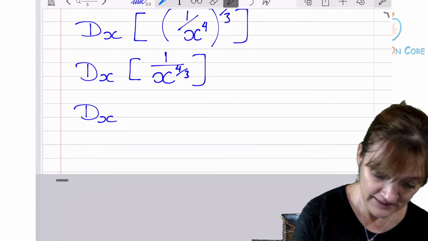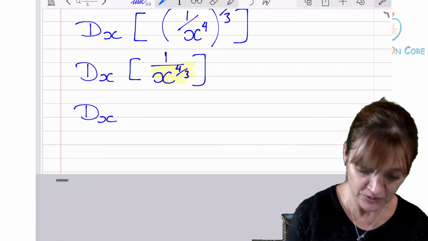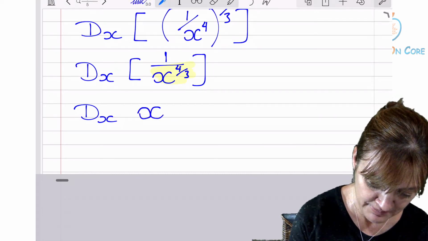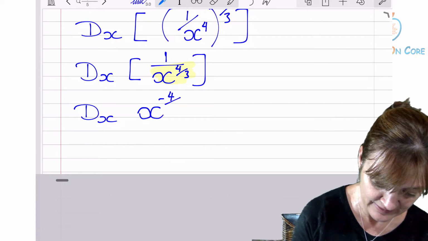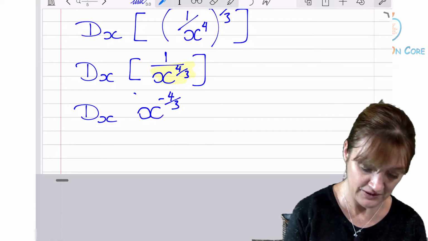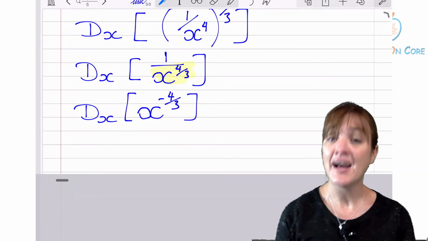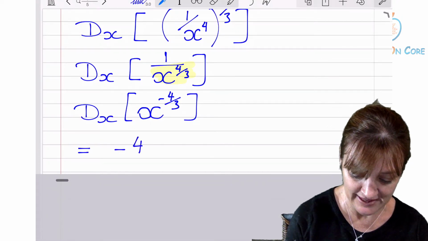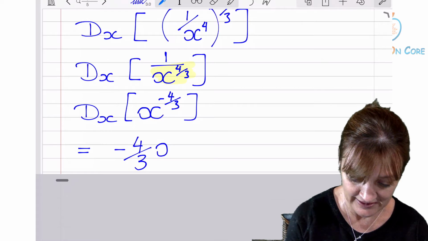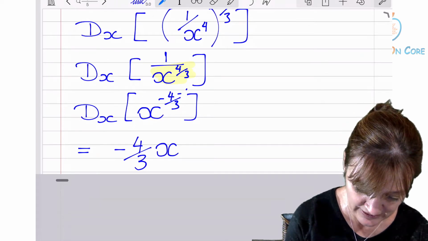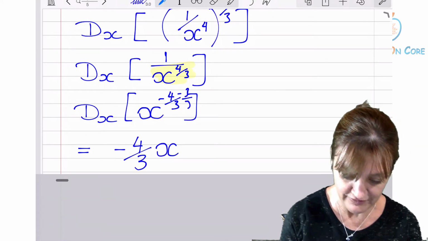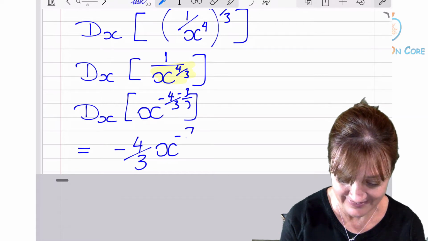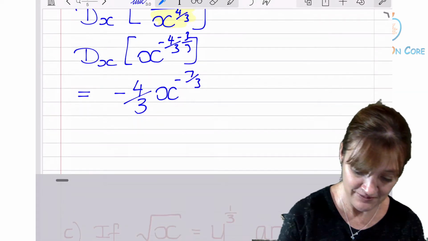It's in the denominator. We don't want it there. So it's going to have to come up into the numerator, and it's going to be negative 4 over 3. And finally, I'm ready to apply the rules of differentiation, which is going to give me negative 4 over 3 x to the, if I subtract 1, that's the same as 3 over 3, so negative 7 over 3.